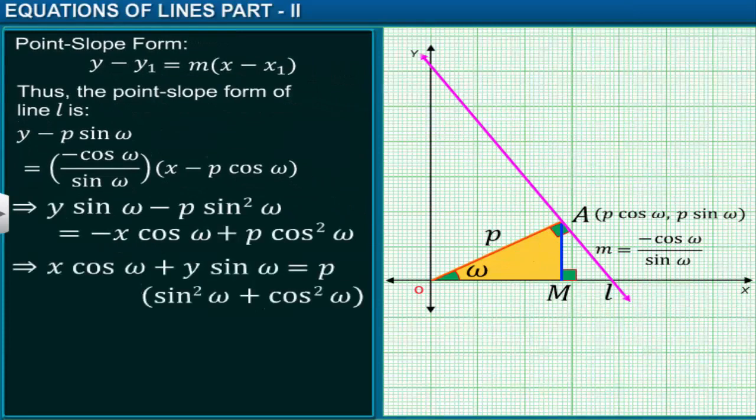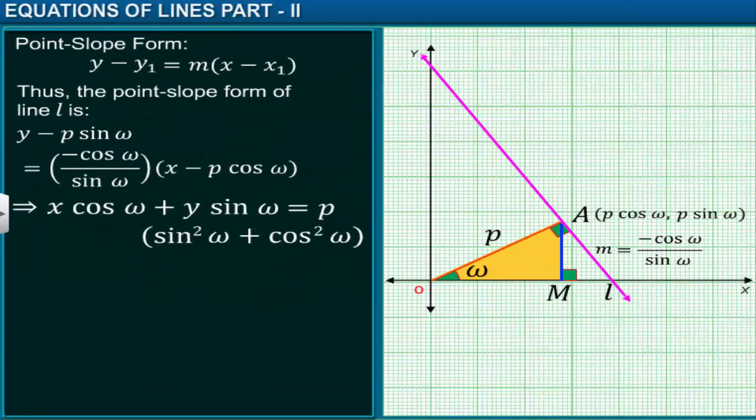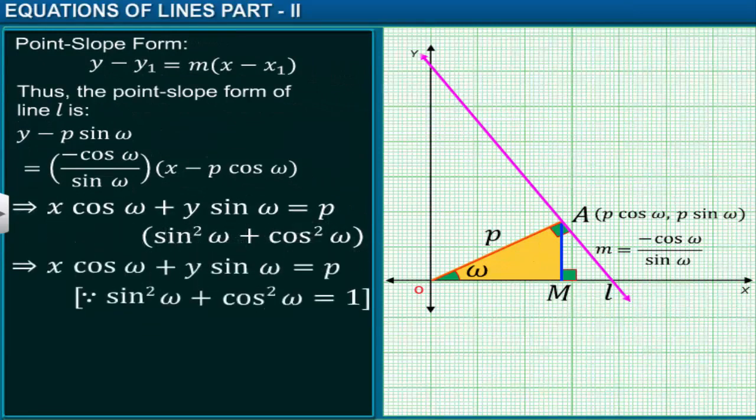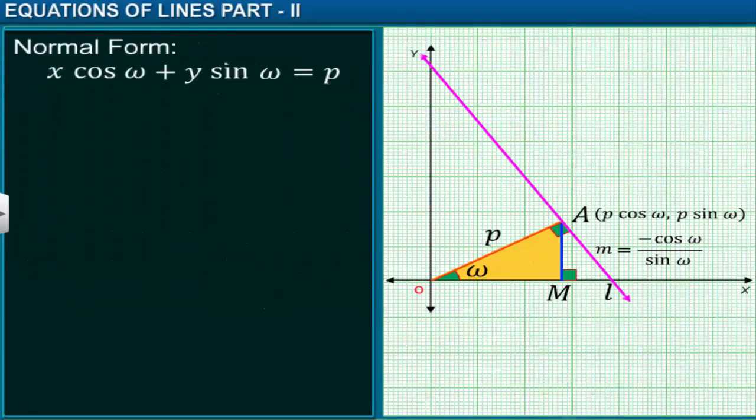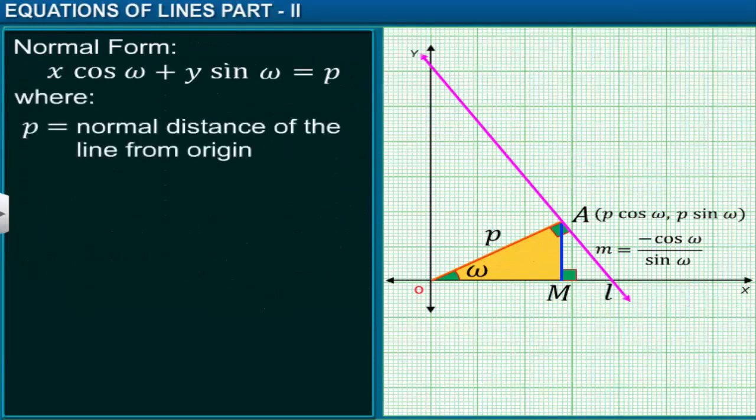On simplifying, we get the equation of the line as x cos omega + y sine omega = P. This is the normal form of the equation of a line, where P is the normal distance of the line from the origin and omega is the inclination of the normal drawn from the origin to the given line.